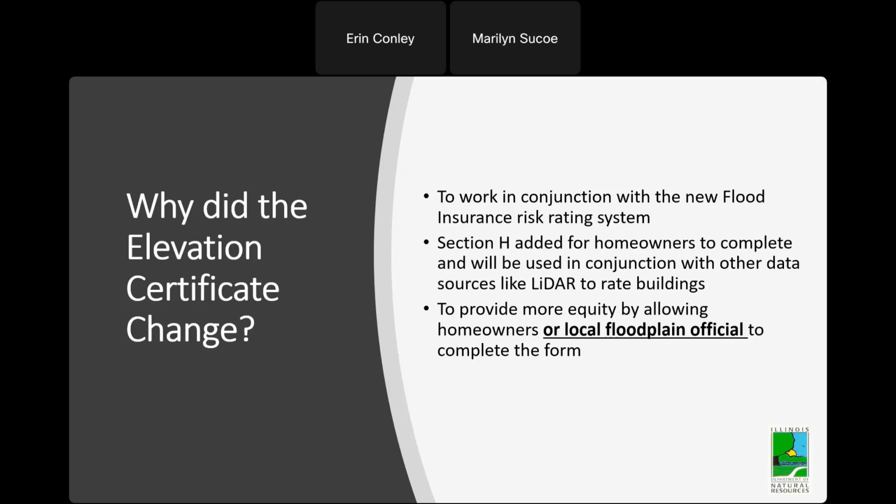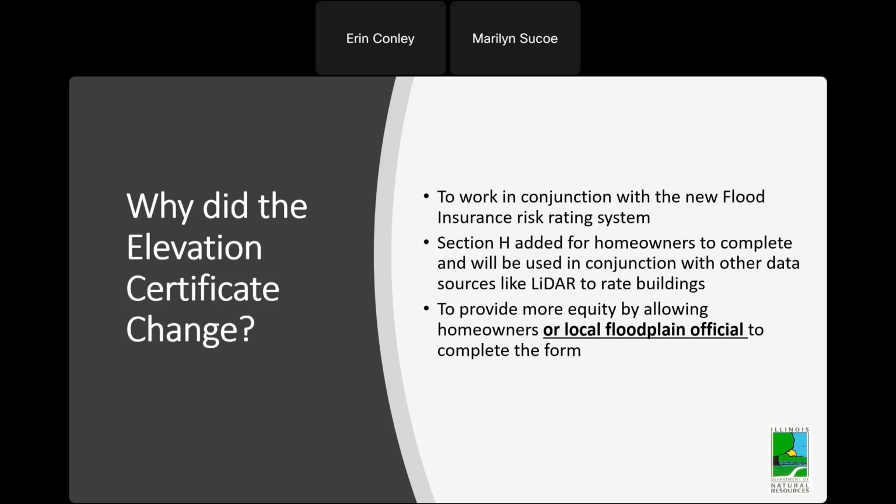And now FEMA, because the new flood insurance rating engine is using a lot more outside data sources for determining a flood insurance premium, such as, they can look at properties from roadside photos from Google Earth, where all of us can drop in street side and look at homes.